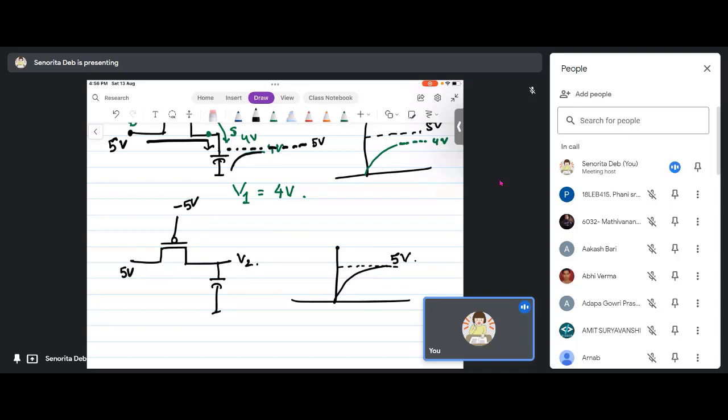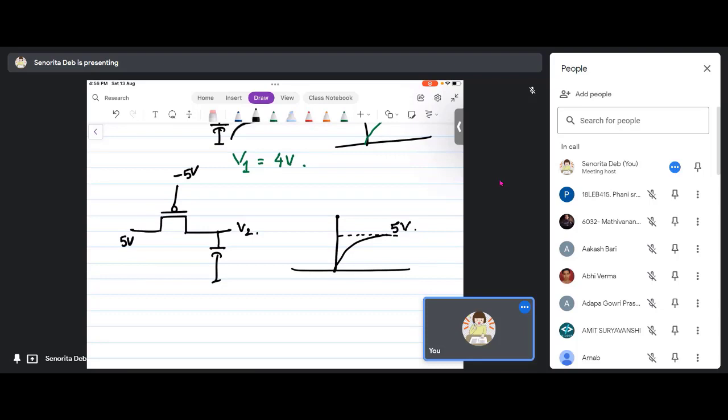Can anyone explain why? Because the MOSFET is always on, right?